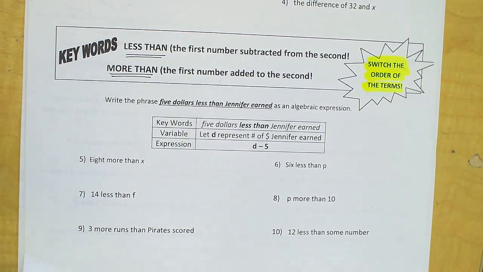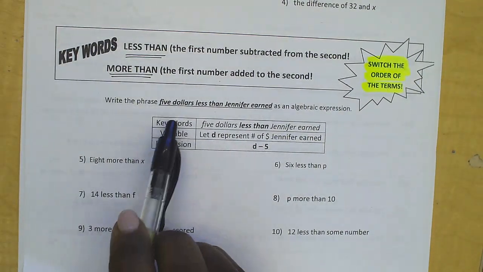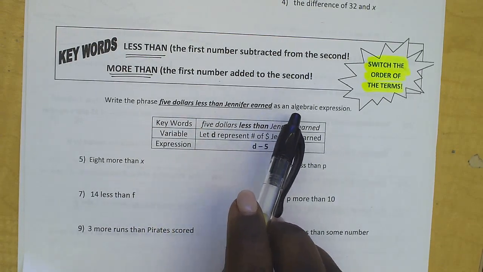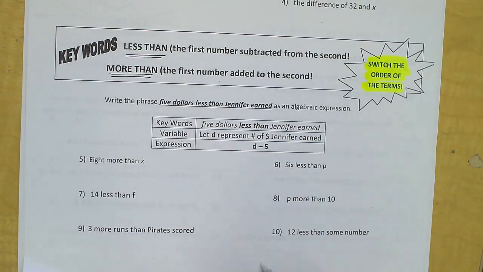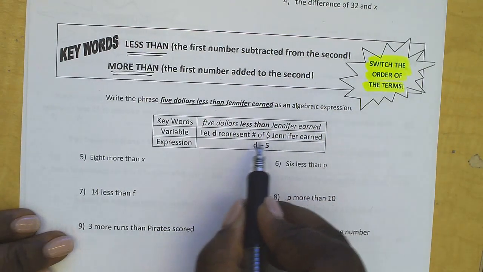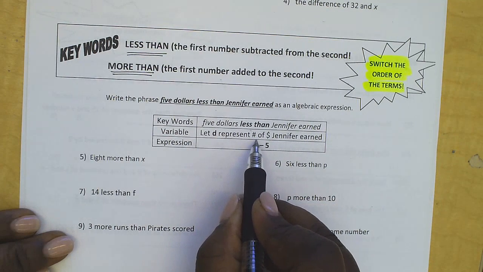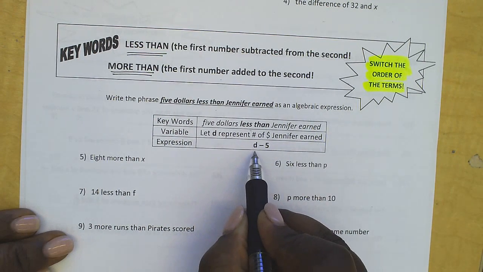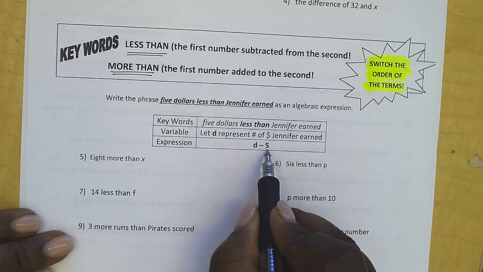So, we're going to write the phrase $5 less than Jennifer earned as an algebraic expression. The key words are $5 less than Jennifer earned. Let D represent the number of dollars Jennifer earned, so therefore it'll be D minus 5.